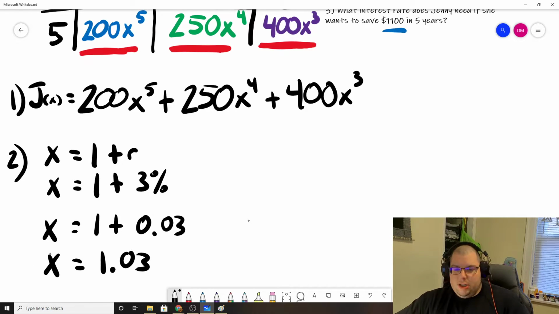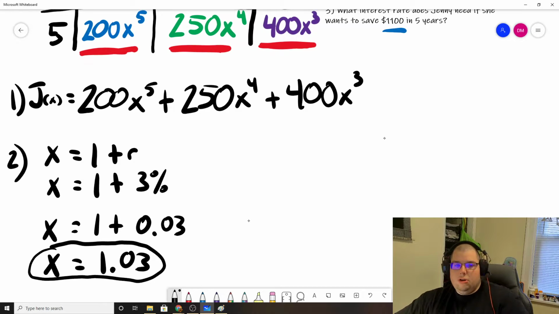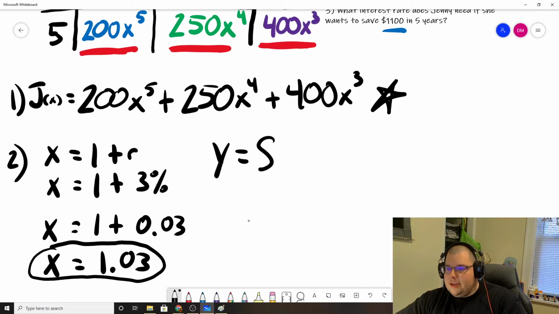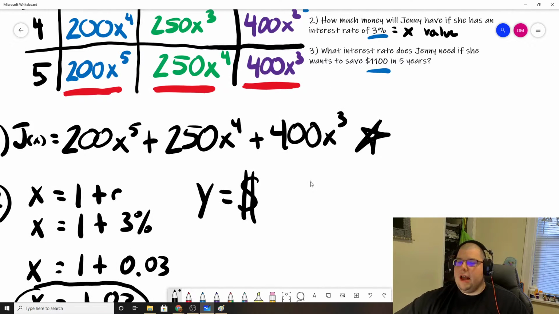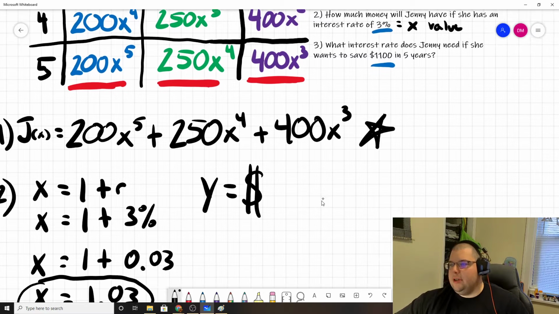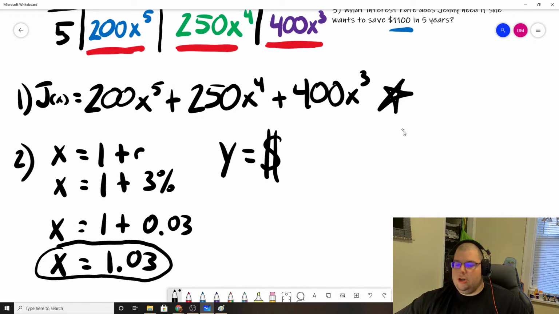So what we're going to use is this x value along with this polynomial to find the y value, which is the amount of money in the account. The y is going to be that dollar amount with the interest rate, because the question reads how much money, they want to know how much money Jenny has if she has that interest rate. So we're going to put all of this stuff into Desmos.